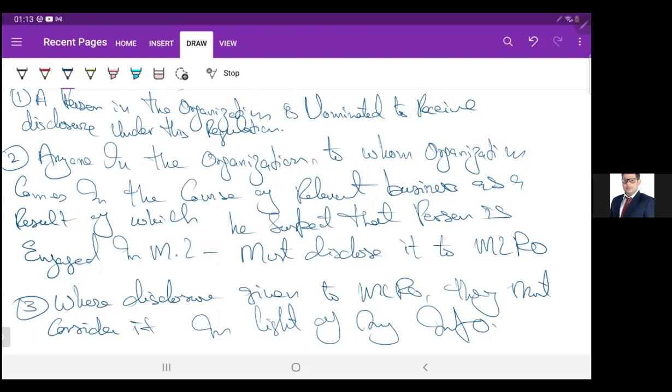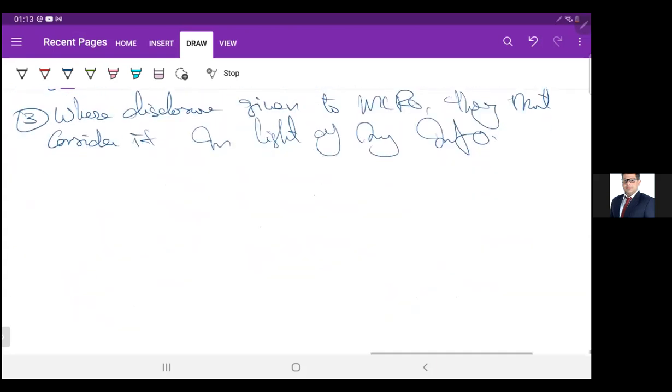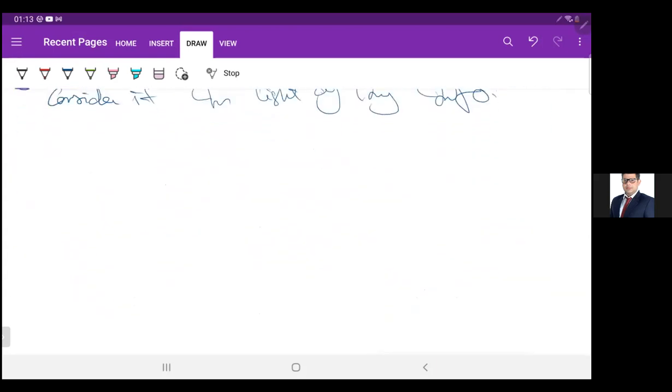Now, suspected suspicious transactions. Which transactions can be suspicious of money laundering? Is our next question.